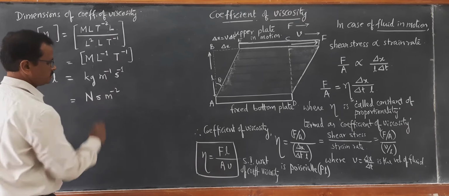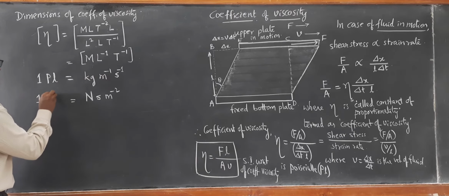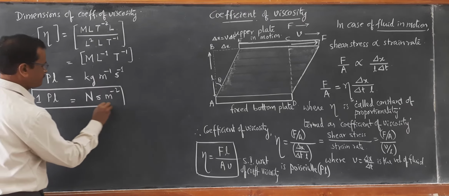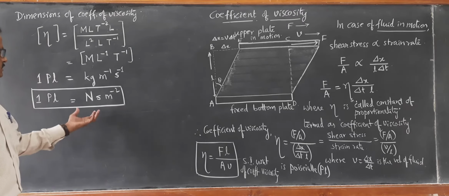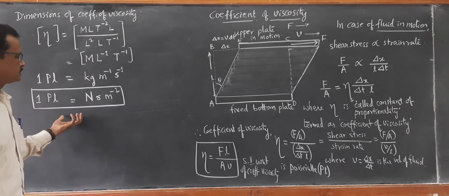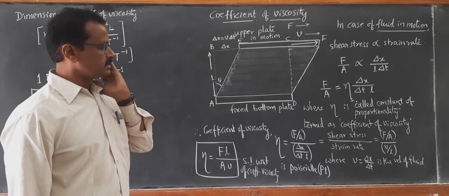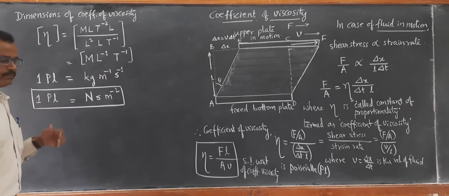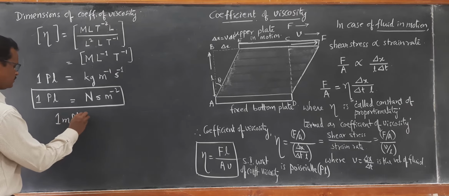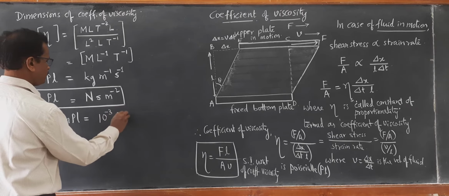Newton second per meter square is equal to 1 Poiseuille. This is how we get the SI unit of viscosity. This viscosity is usually measured in millipoiseuille. 1 millipoiseuille is 10 to the power of minus 3 Poiseuille.